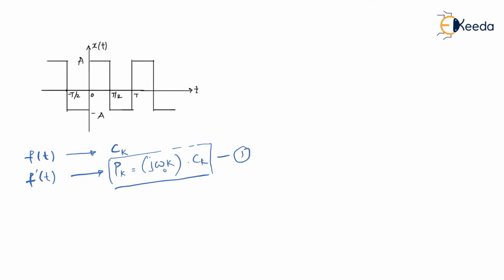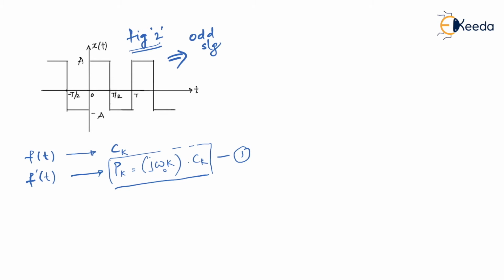Now here I have drawn one more signal, that is x of t. Let me remind you, this was a standard x of t signal, which was nothing but the odd signal. And if you remember, I told you to remember this figure as figure 2, because for it we know the values of ck as well as bk.